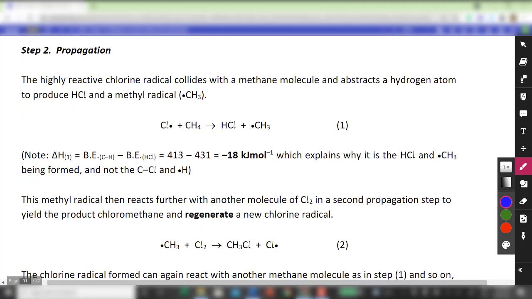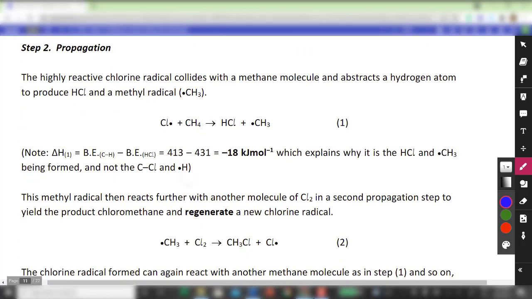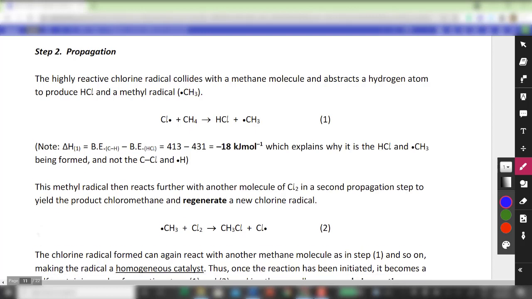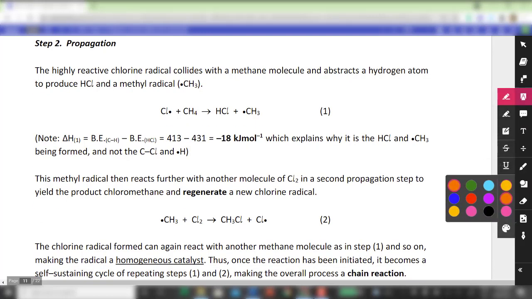Okay, the next step is actually the propagation step. The propagation step usually involves the alkane itself with the radical. So when they combine, you will generate a methyl radical and HCl. Then you realize that in this process, the methyl radical will straight away be consumed via reaction with another chlorine, and in the process regenerate the chlorine radical.